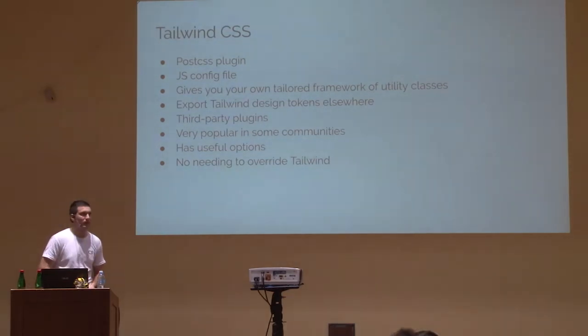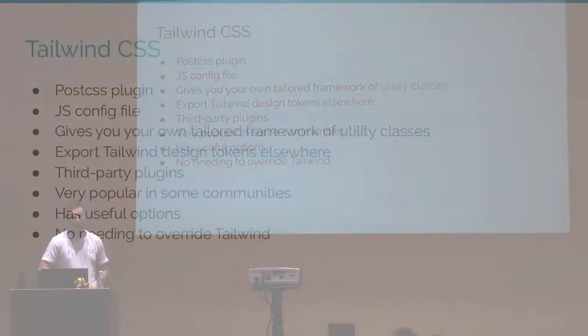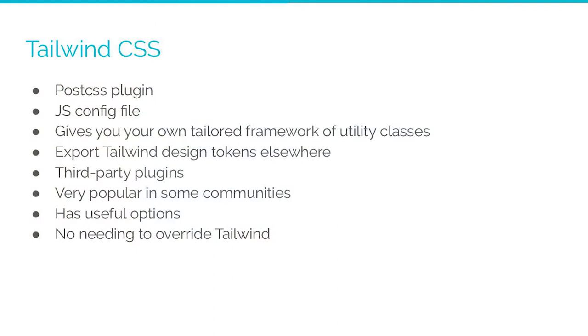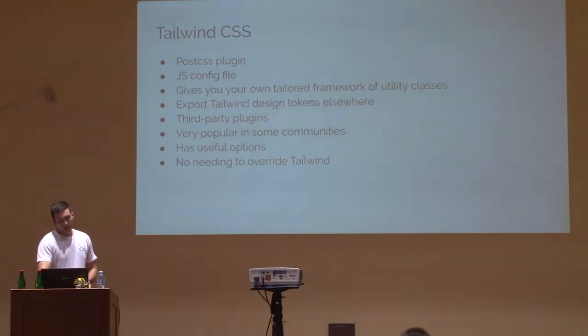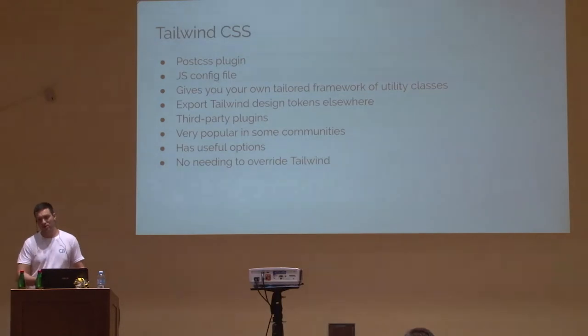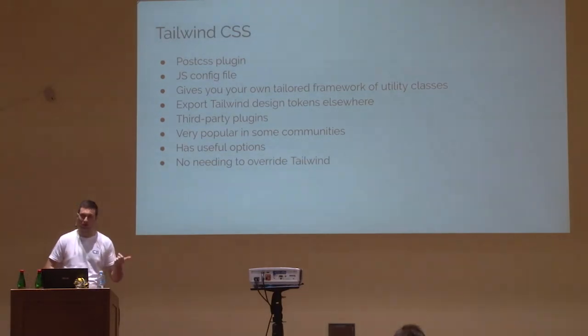So, Tailwind is basically a post-CSS plugin that outputs CSS for you. It has a JavaScript config file that is project specific, that has configuration for colors, fonts, spacing, breakpoints. And what that means is that you can export that configuration. Since it's in JavaScript, you can export to YAML to use, for example, for breakpoints.